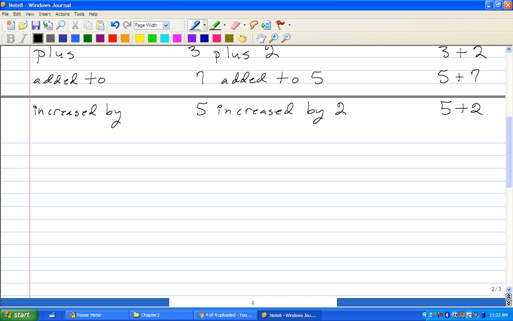And so these are some common words that are associated with addition. Subtraction. Minus: 5 minus 3.